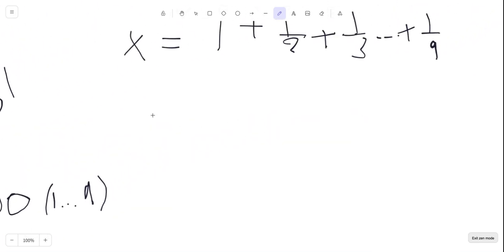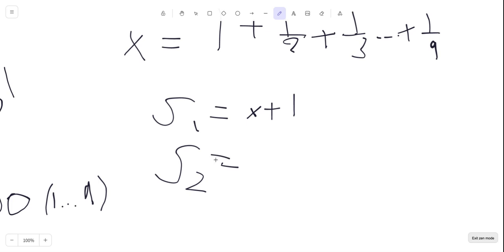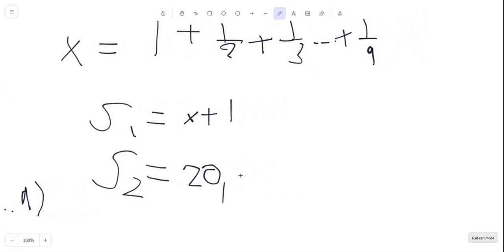So then S1 is just x plus 1. S2, in terms of S1, we have 20 S1 because the tens digits and the ones digit are both repeated 10 times. So 20 S1.